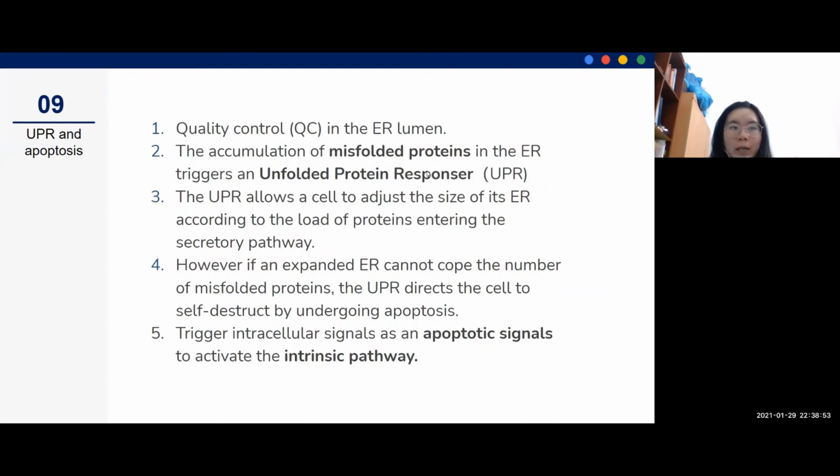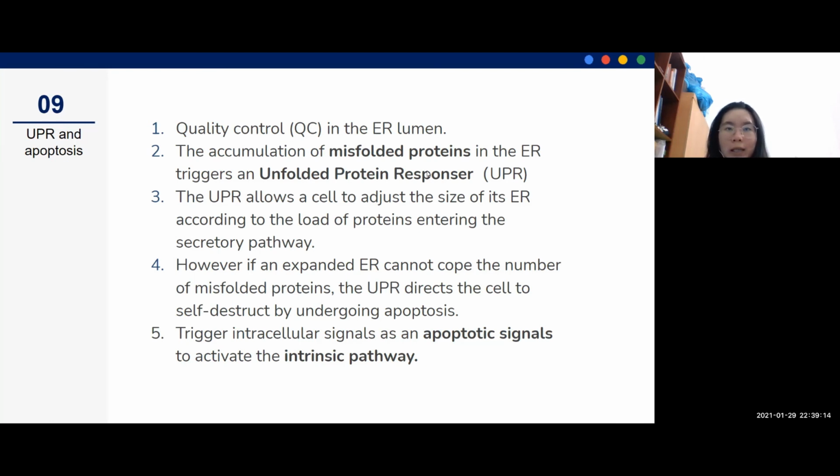We can also link apoptosis to the UPR, the unfolded protein response, which is in lectures 11 and 12, protein sorting and transport. The UPR can be found in the quality control in the endoplasmic reticulum lumen. The accumulation of misfolded proteins in the ER will trigger an unfolded protein response.